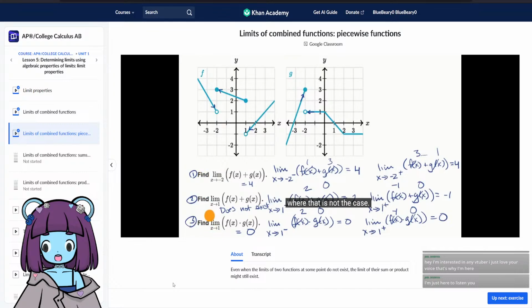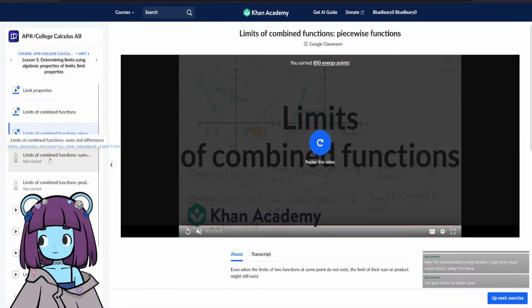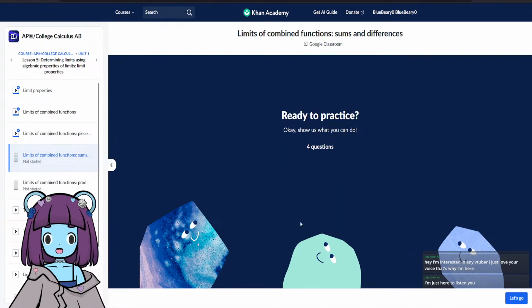Those two examples, this is not the case. Okay, interesting.